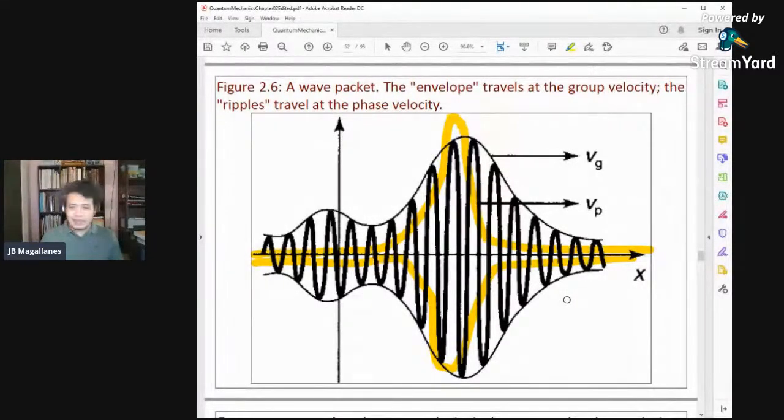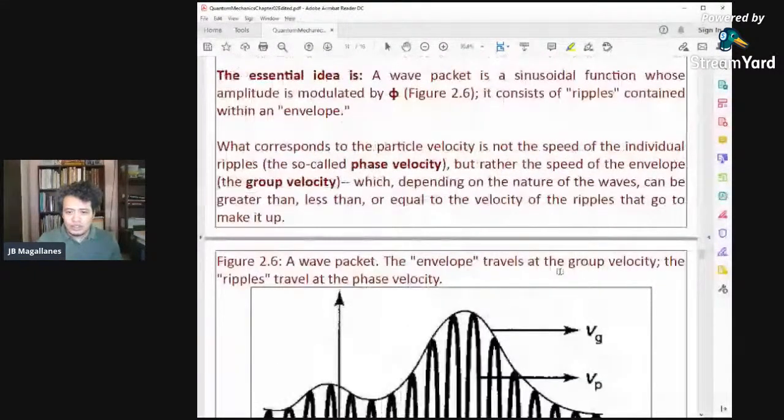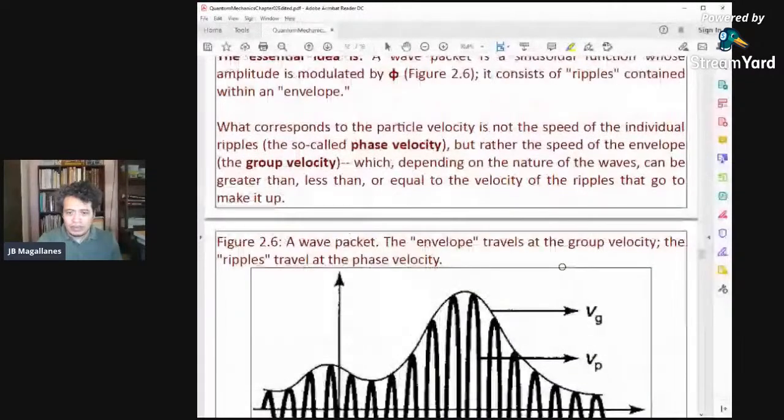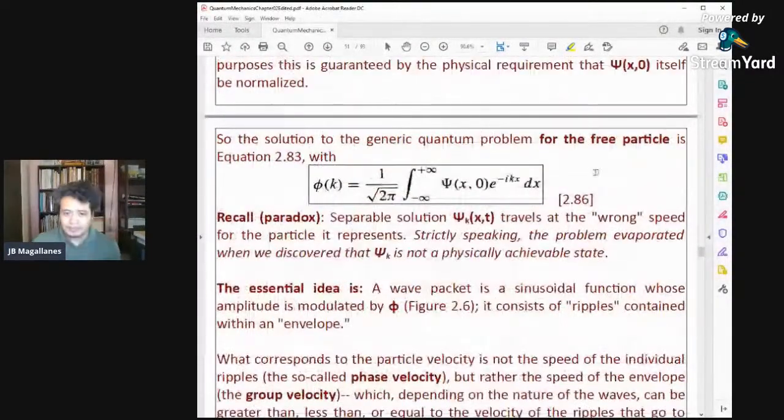So that's a wave packet. This one is just an exaggeration because we know that it admits continuous amplitude. So that's a geometrical representation, or an illustration, of a wave packet.